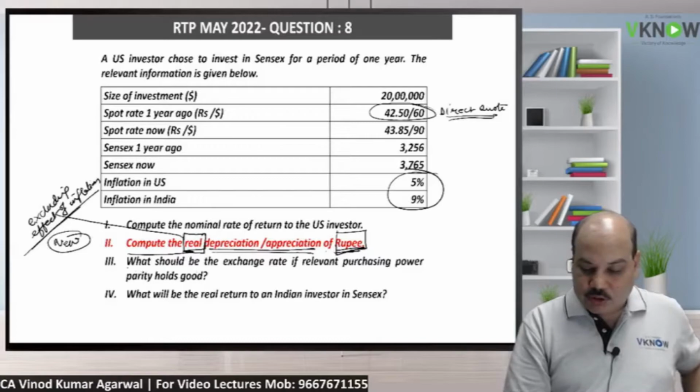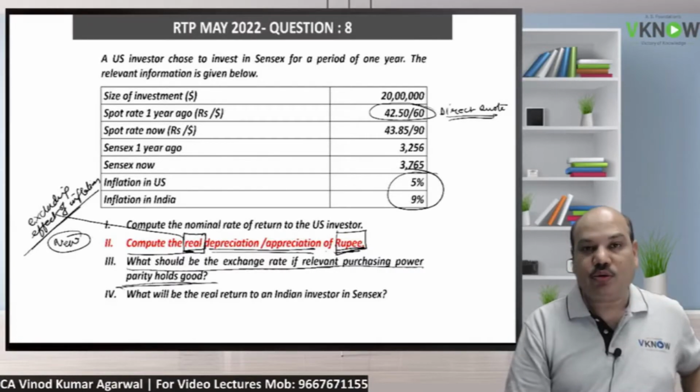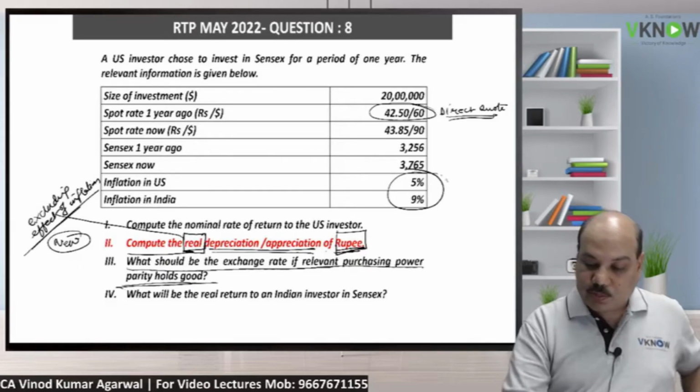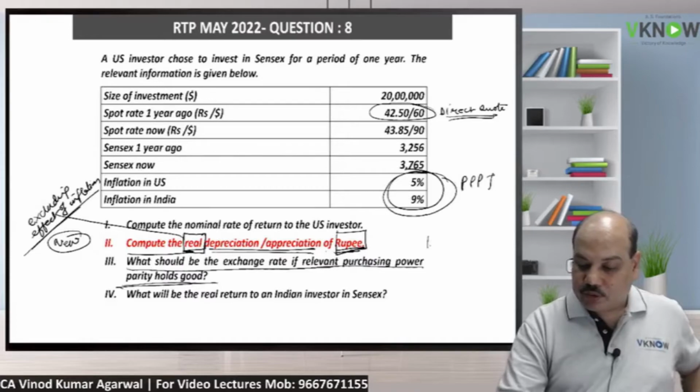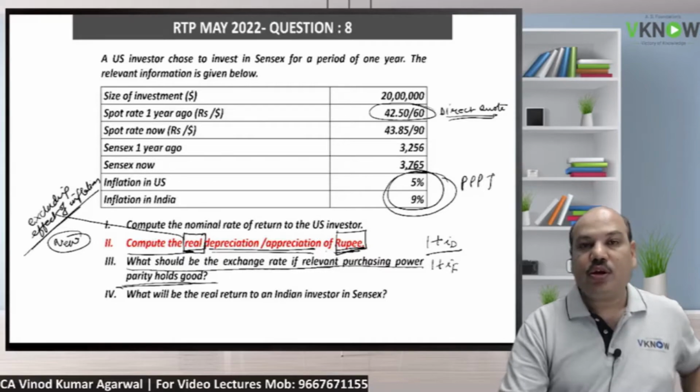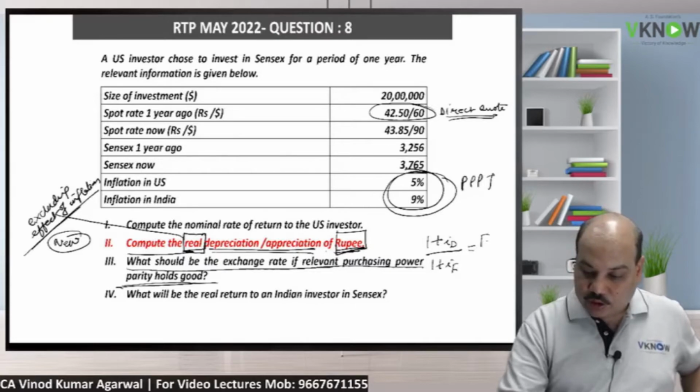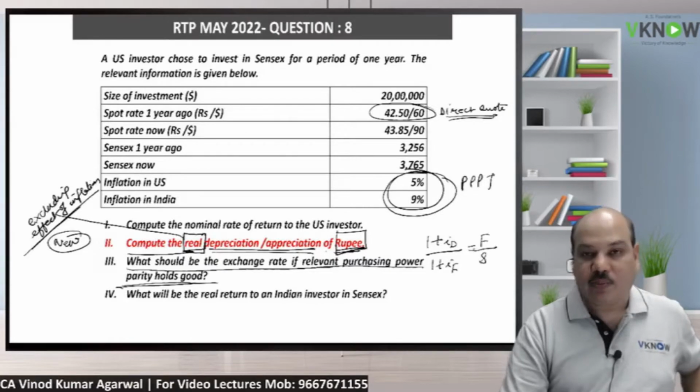Then the next question is, what should be the exchange rate if the relevant purchasing power parity holds? So purchasing power parity theorem you have to apply. 1 plus inflation rate in domestic country upon 1 plus inflation rate in foreign country is equal to forward rate divided by spot rate.